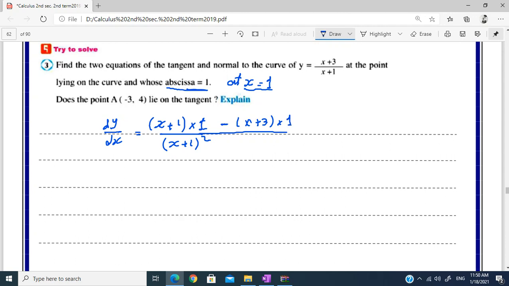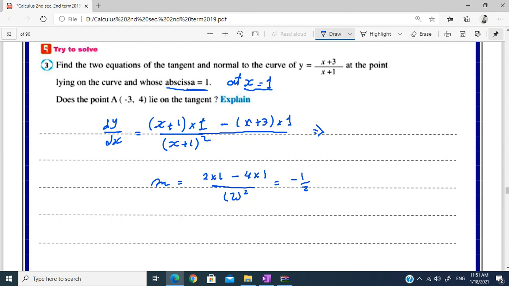By substitution at x equal 1, the slope of the tangent is 2 times 1 minus 4 times 1 over 2 power 2. So the result will be negative 2/4, negative 1/2. This is the slope of the tangent.